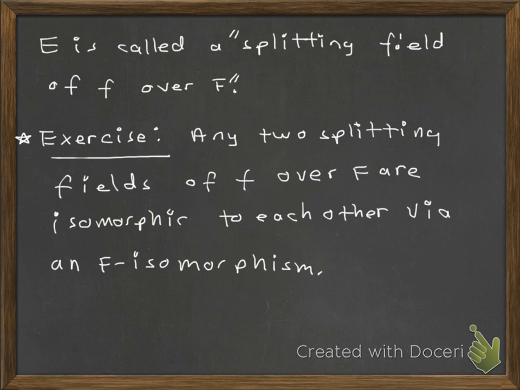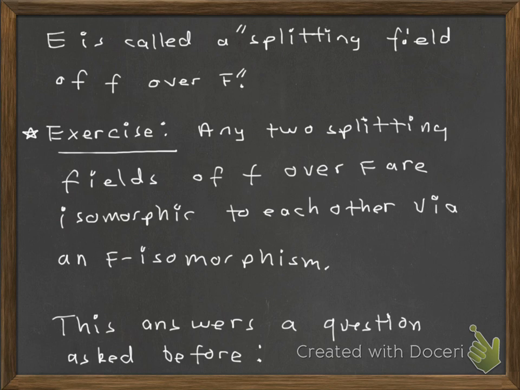Any two splitting fields of f over capital F are isomorphic via an F-isomorphism.